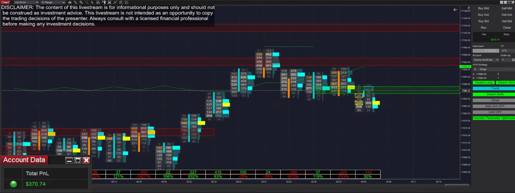You can see here that we've re-entered the range, so we're going to be switching it into regression mode. Could be that I spoke too soon, but we'll see.